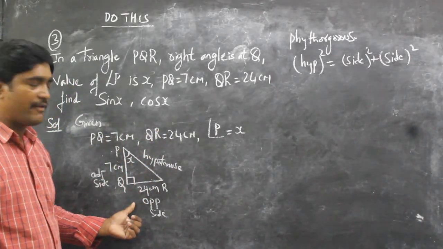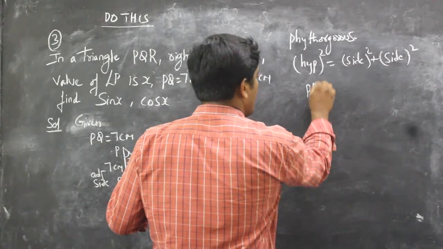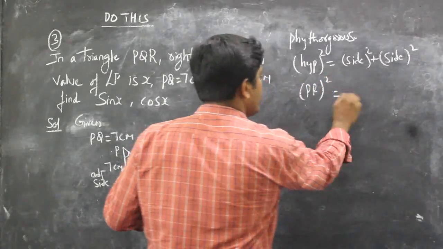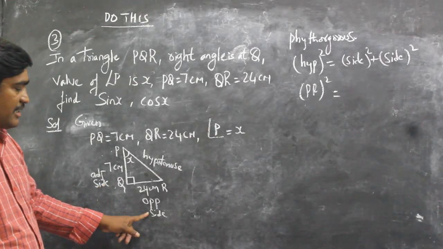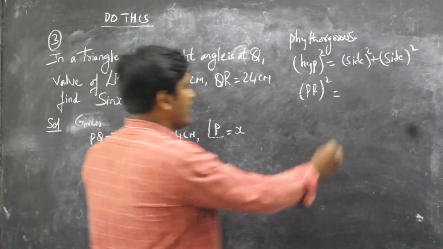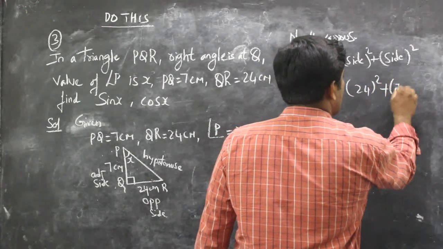Now I'll substitute the values. The hypotenuse is PR from the figure. PR square is equal to, what is the side? PQ is given as 7 and I'll consider the other side as QR, so this is 24 square plus 7 square.